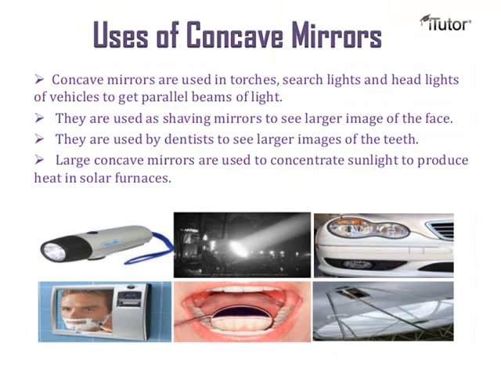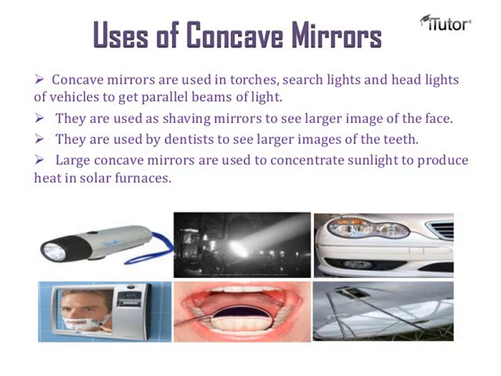Uses of concave mirrors. Concave mirrors are used in torches, searchlights and headlights of vehicles to get a parallel beam of light. They are used as shaving mirrors to see a large image of the face. They are used by dentists to see a larger image of the teeth.